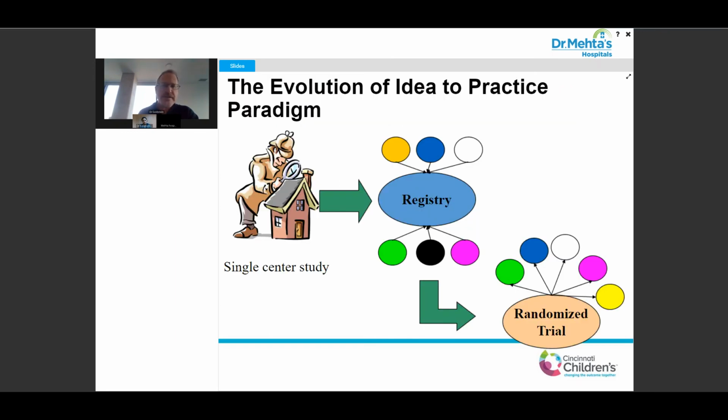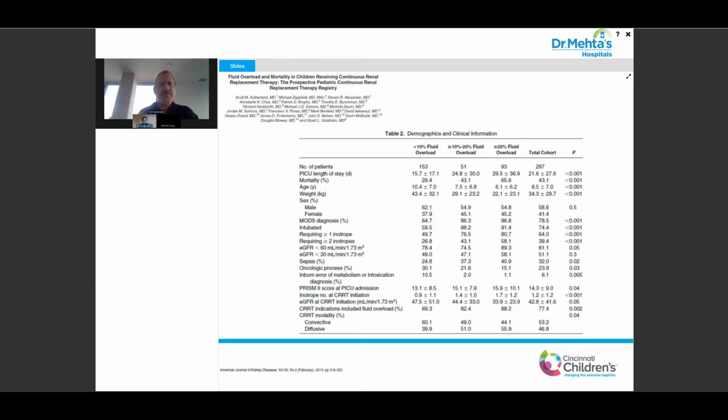Those were mostly single-center studies, so we then developed the Prospective Pediatric CRT Registry group to put in more patients. And this study by Scott Sutherland from 13 centers in the PPCRT looked at 3 levels of fluid overload: less than 10%, 10 to 20%, and greater than 20%.